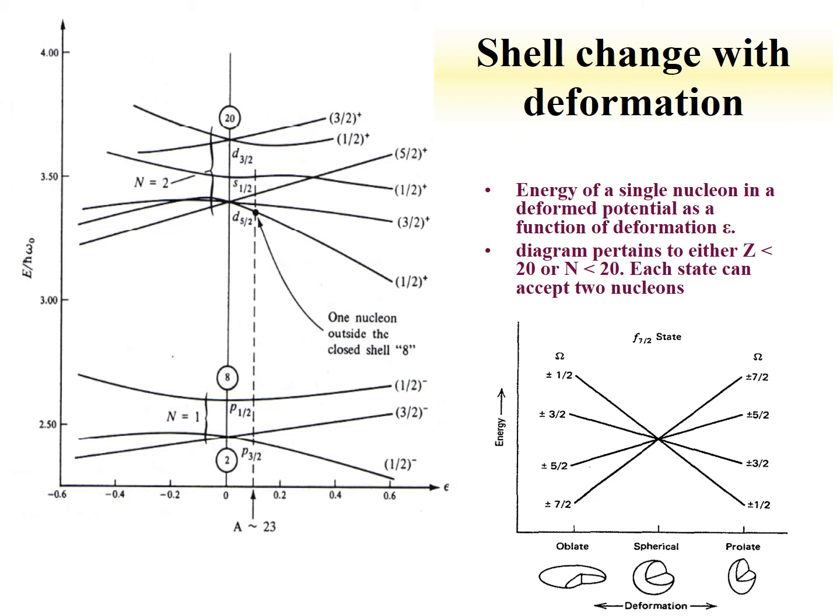However, if we measure a state that is not 7/2 minus, you can get an idea of the deformation of the nucleus. As we see, if it's deformed in an oblate parameter, the higher spins will be of lower energy, and the opposite is true for prolate. This deformation parameter is shown here: the oblate nucleus will have a negative deformation parameter, and the prolate nucleus will have a positive deformation parameter.